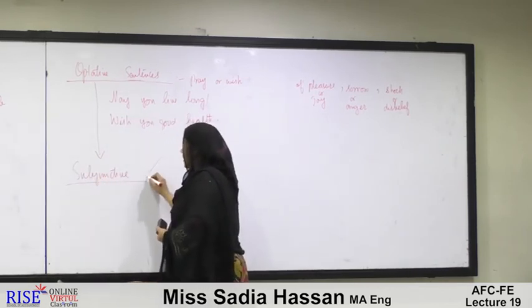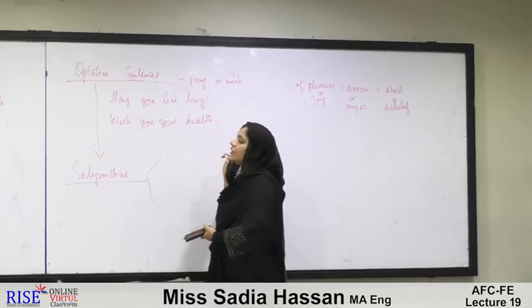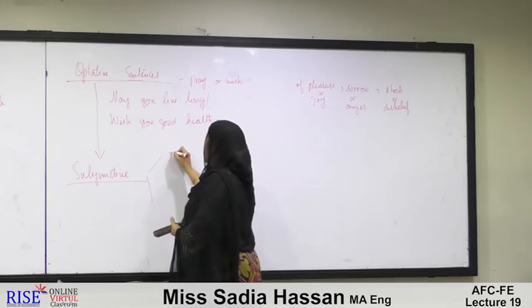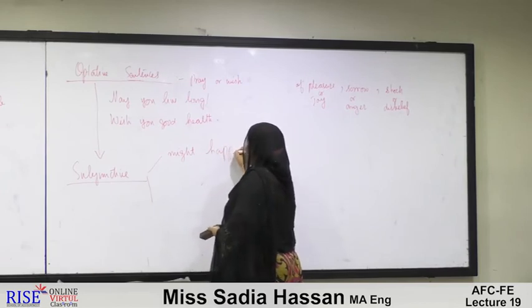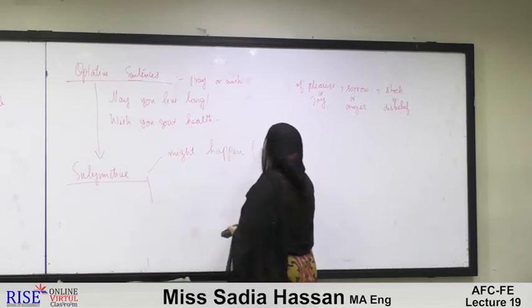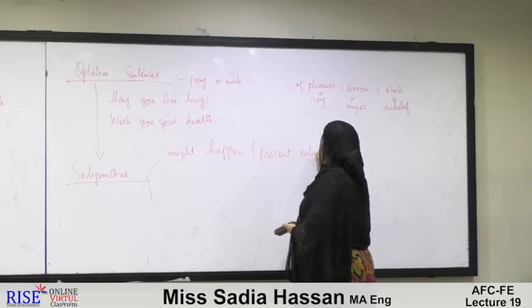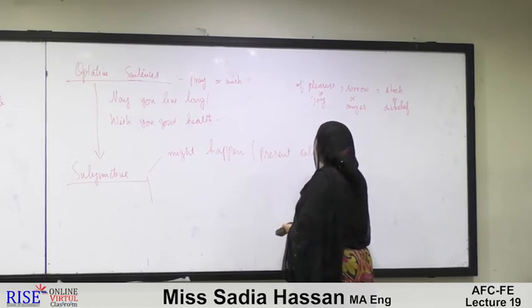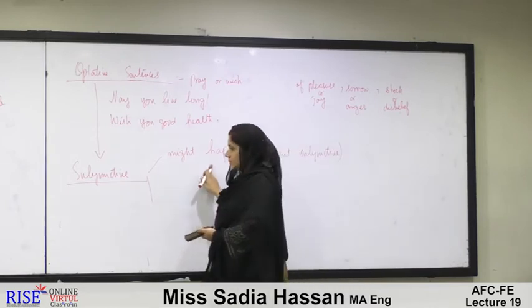What do we mean by subjunctive? By subjunctive, we mean whenever we have something possible, like a wish that might happen. Fine, that is called present subjunctive.